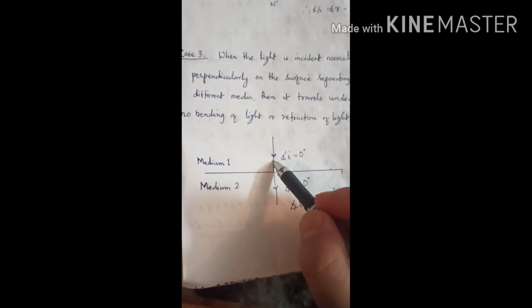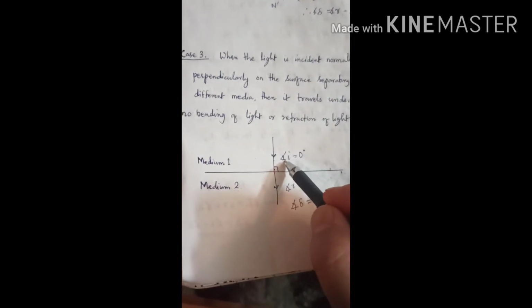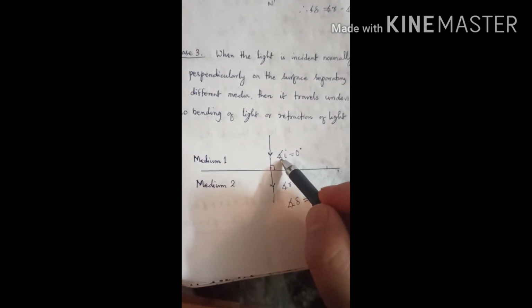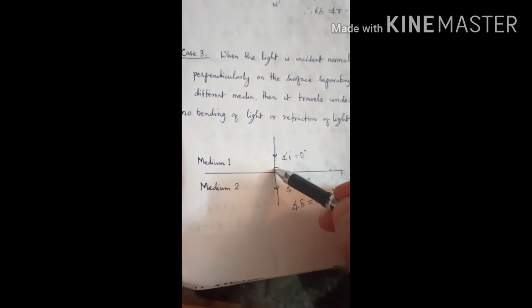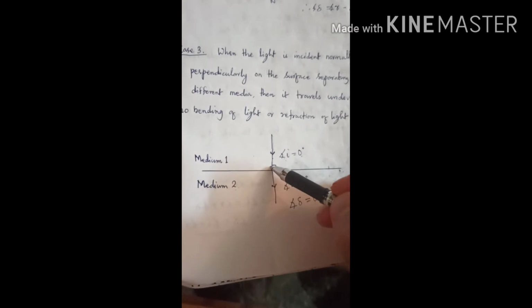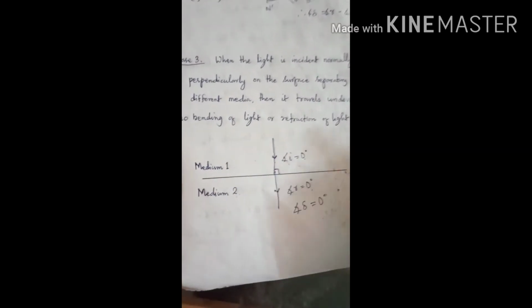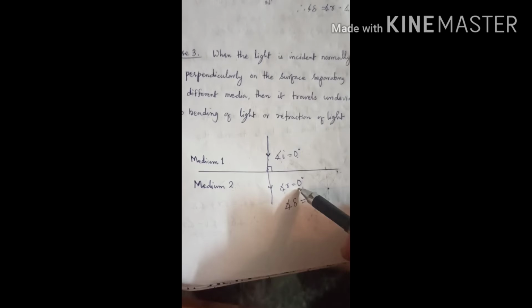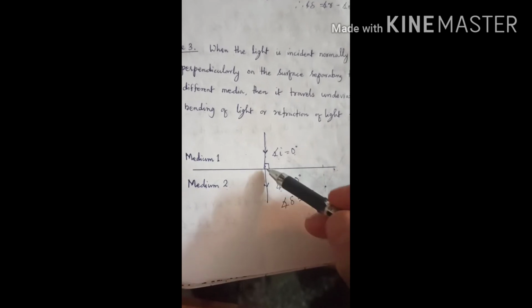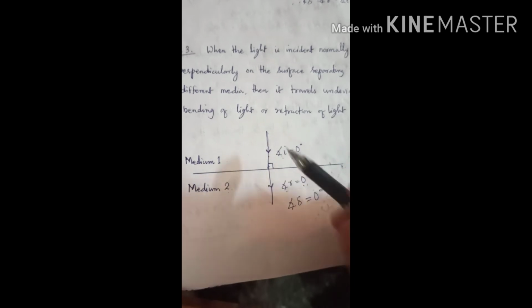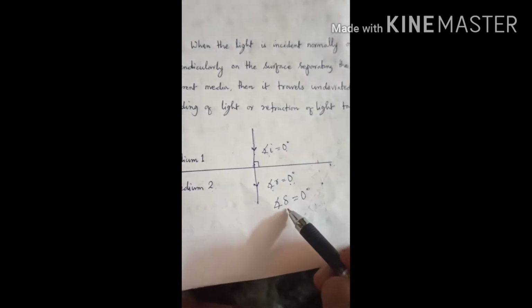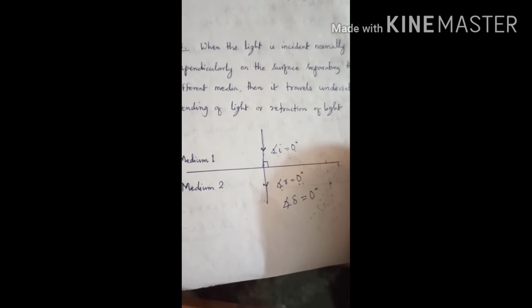If you measure the angle of incidence, the angle between the incident ray and the normal, it is 0 degree, because the same line is the incident ray and the normal. So the angle between them is 0 degree. Similarly, the angle of refraction is also 0 degree, because this is the refracted ray and the same line is the normal. And since there is no bending, the angle of deviation is 0 degree.